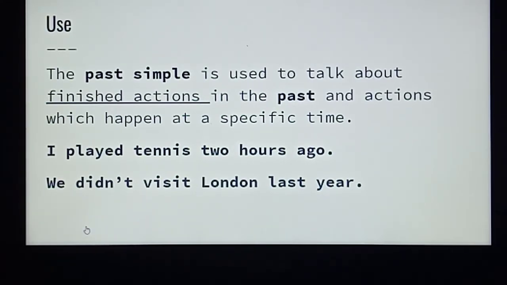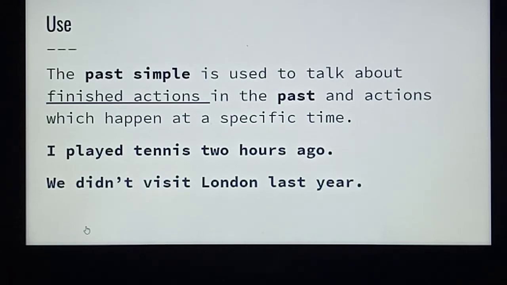What are the uses? Or how is the past simple used? The past simple is used to talk about finished actions in the past and actions which happen at a specific time.